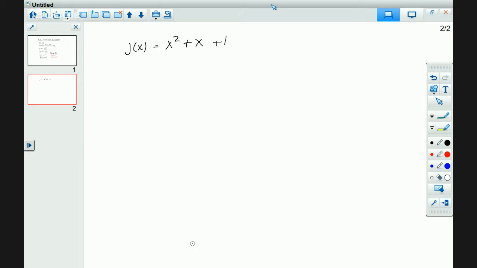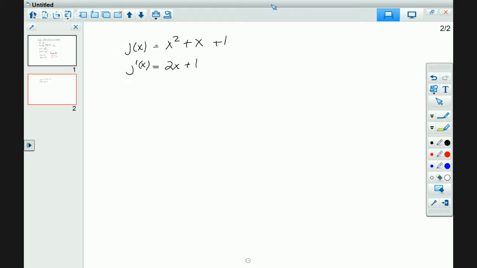You're close. 2x, yeah? What's the derivative of that? 1. Yeah, because it's x to the 0 now, correct? Would be 1. No, it's 0.